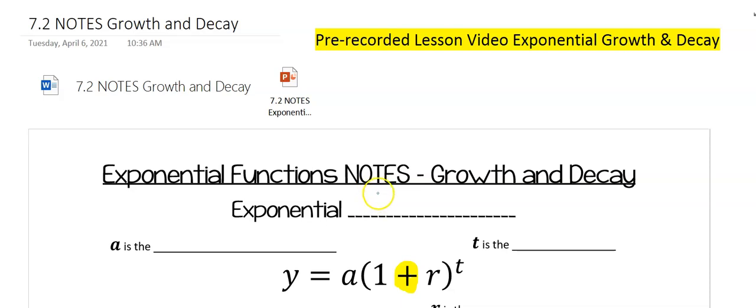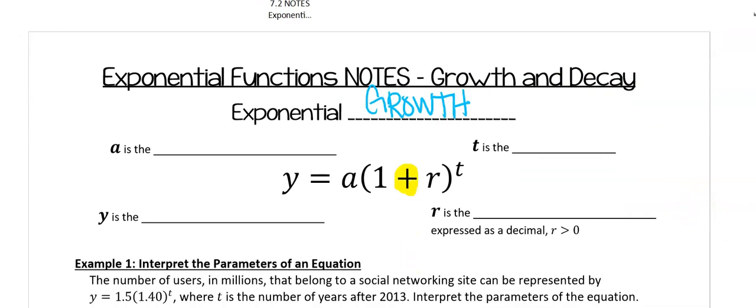That plus means exponential growth. That's our exponential growth. As a reminder, A is our initial value. I feel like the more we write this, the more we're going to start to remember those terms. T is generally the time.